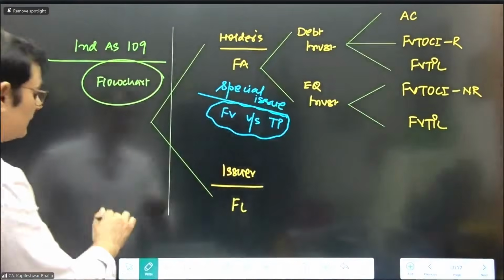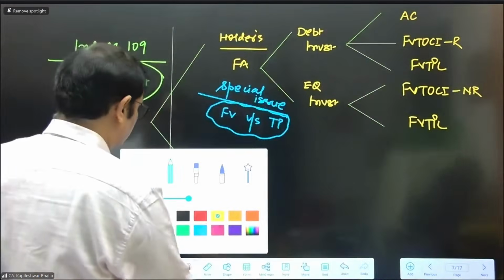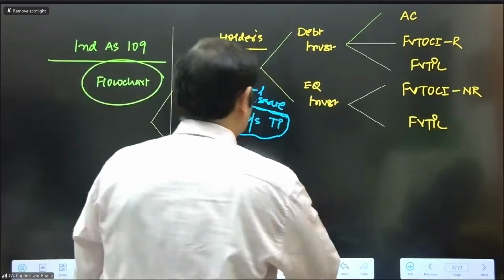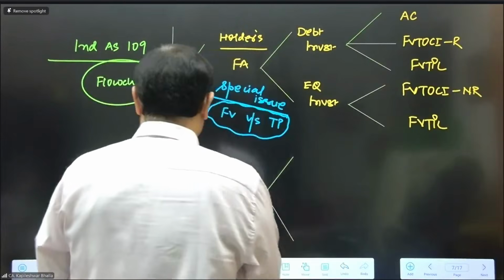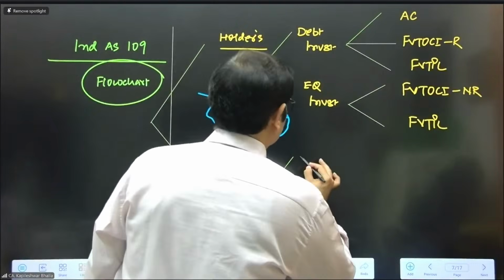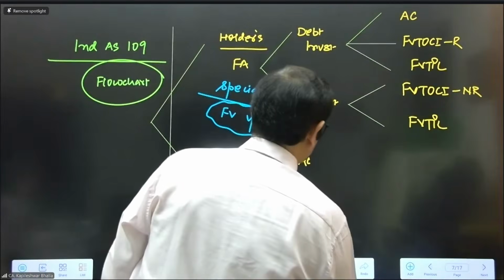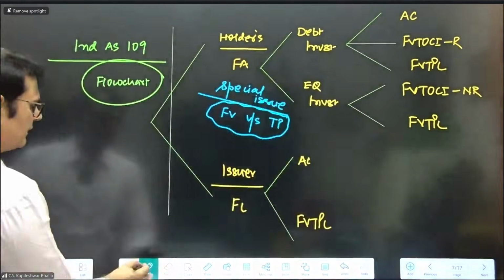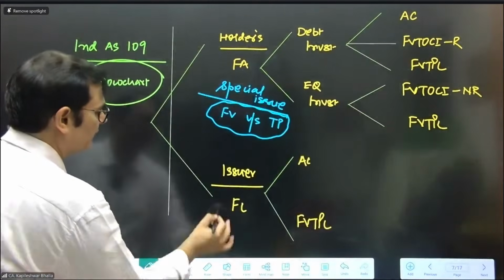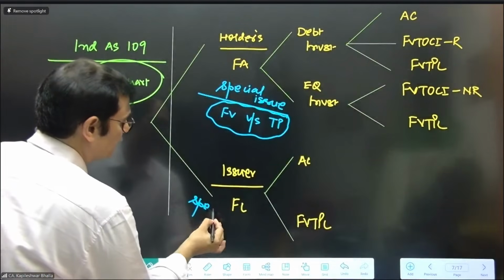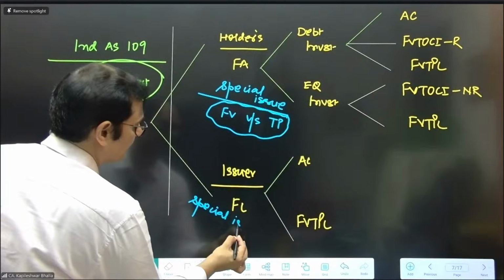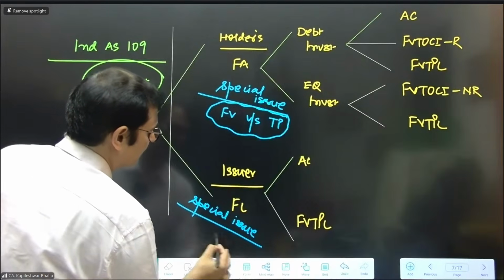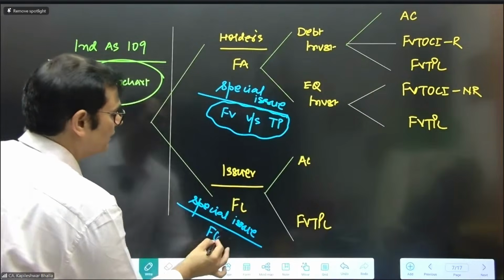Next, when it comes to financial liabilities, we've seen that typically the liabilities would be either at amortized cost or FVTPL. And we've already seen a special issue here as well: accounting for financial guarantees.